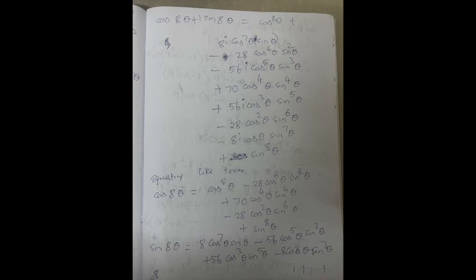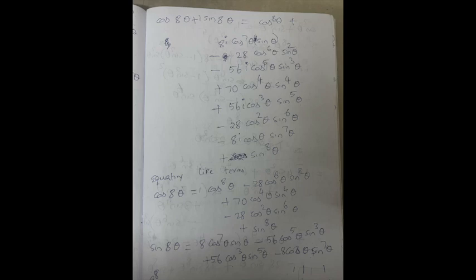We equate the like terms, real with real and imaginary with imaginary, and we arrive at cos 8 theta equals cos power 8 theta minus 28 cos power 6 theta sin square theta plus 70 cos power 4 theta sin power 4 theta minus 28 cos square theta sin power 6 theta plus sin power 8 theta.